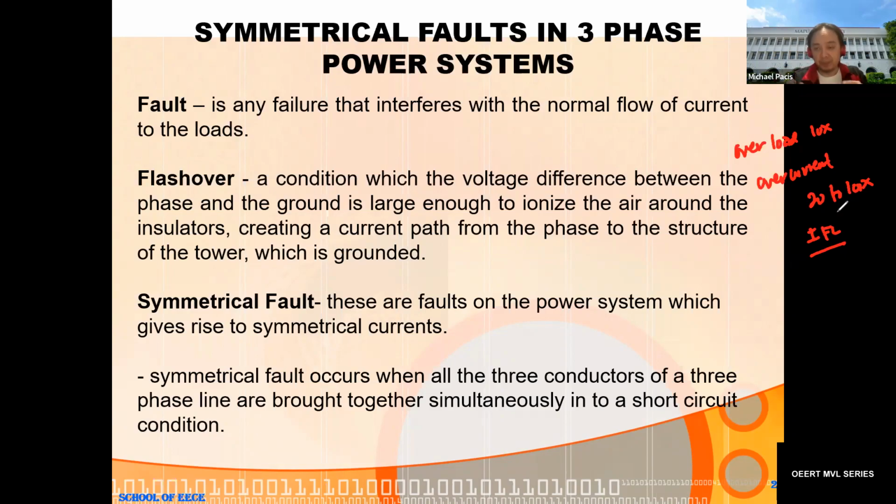In terms of the magnitude, a fault originates from a flashover. A flashover is when there are two wires from a three-phase, for example a three-phase 4-wire, and one of the conductors is ionized.